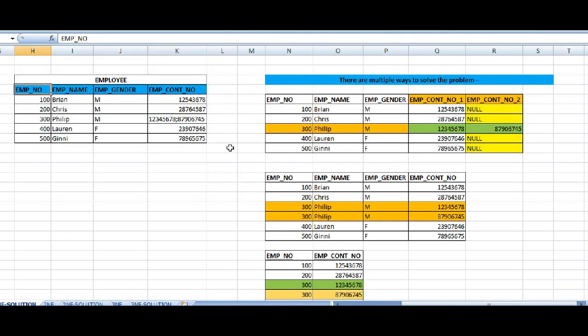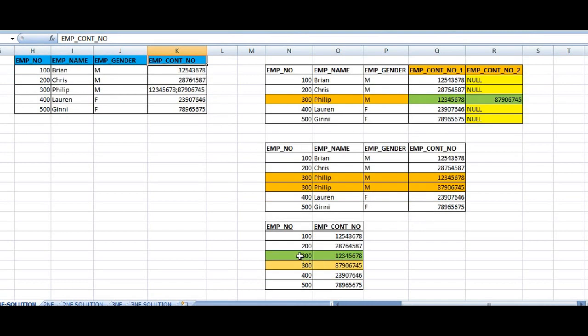Now if you see here also, I am repeating this employee number 302 times, so that its associated contact number is 1NF compliant, or every domain of this employee contact number is atomic.